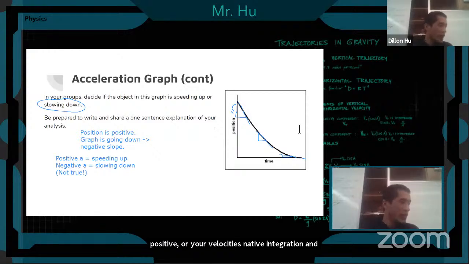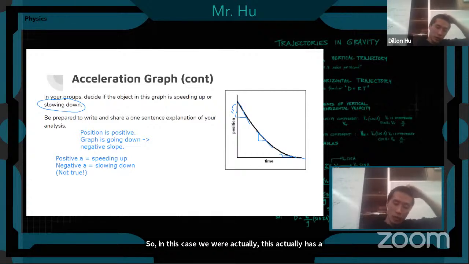So looking at how the signs of acceleration and velocity interact can clue you in on whether it's speeding up or slowing down. In this case, this actually has a positive acceleration, because our velocity is going from negative to closer to 0, so it's going to keep adding stuff.